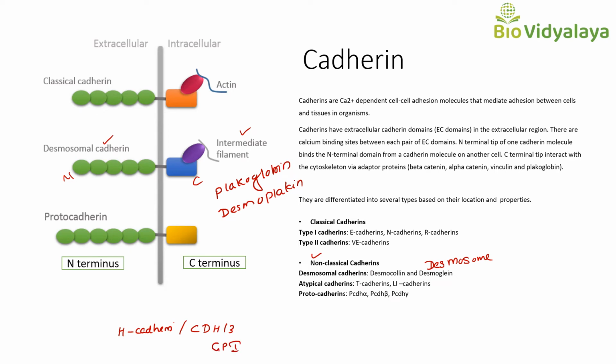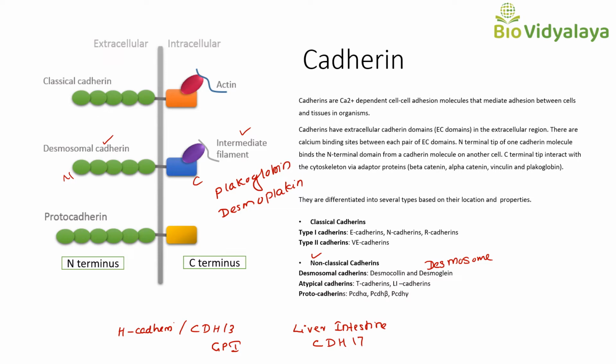And LI cadherin means liver-intestine cadherin, or CDH17, that means cadherin 17. Overexpression of CDH17 can be detected in the cytoplasm of liver cancer, gastric cancer and colon cancer cells.